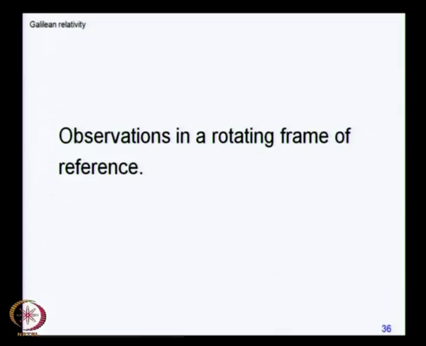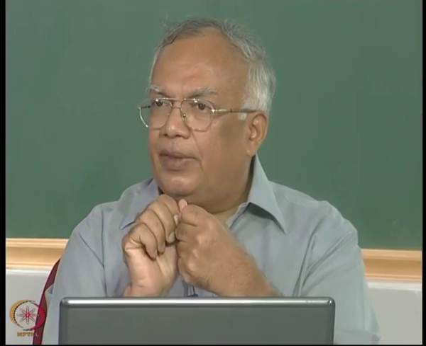Now, having said this, we will now discuss observations in a rotating frame of reference. We considered a frame of reference which was moving away from an inertial frame of reference at a constant velocity first, then at a constant acceleration, right, and now we will consider an inertial frame of reference with respect to which another frame of reference rotates, and what will be the consequences in this frame of reference.